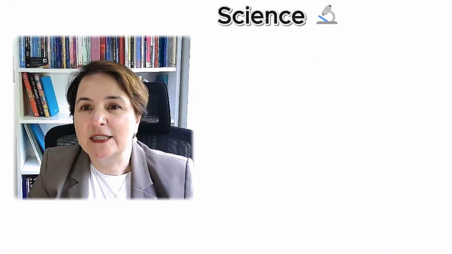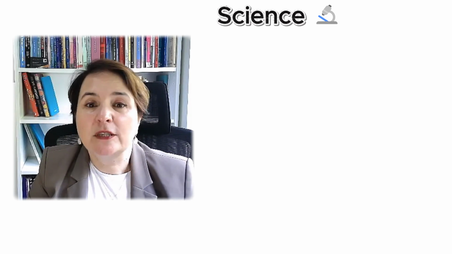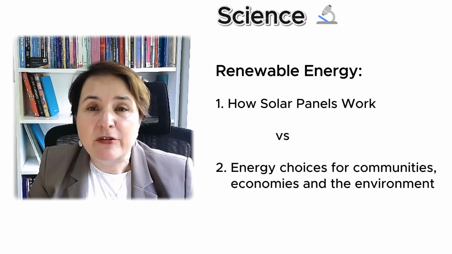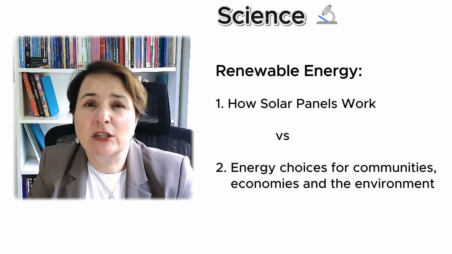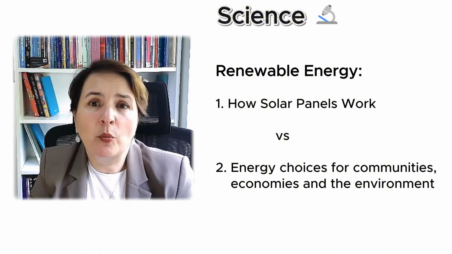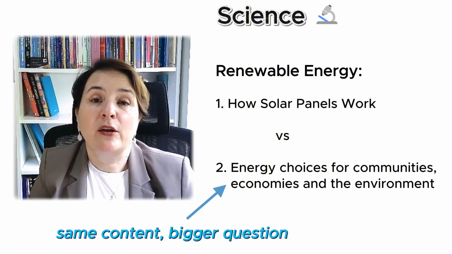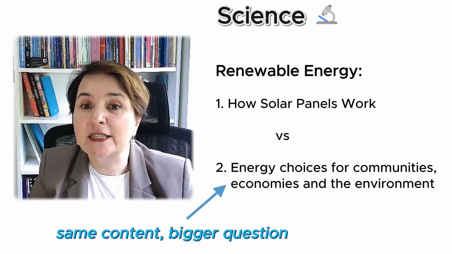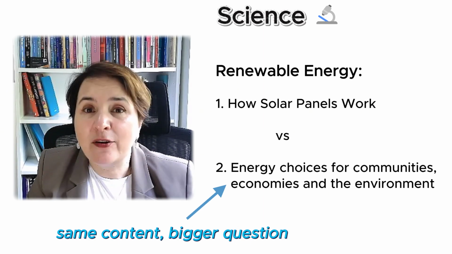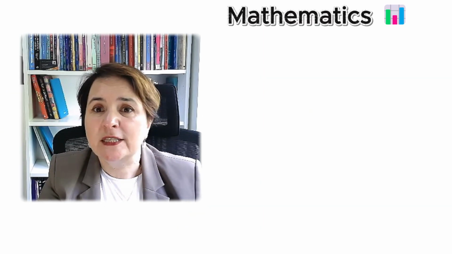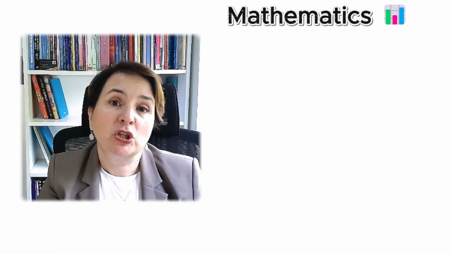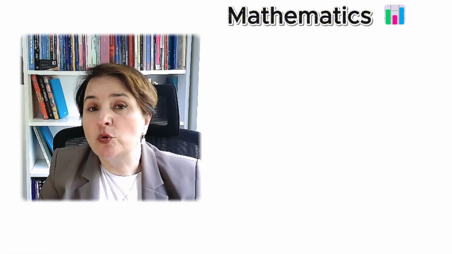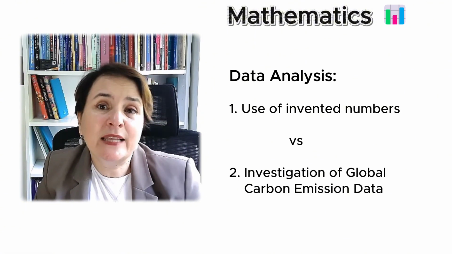So for instance, in science, students might learn about renewable energy, but the learning doesn't stop at understanding how solar panels work. They also explore how energy choices affect communities, economies, and the environment around the world. Or in mathematics, students often learn how to collect, represent, and analyze data.